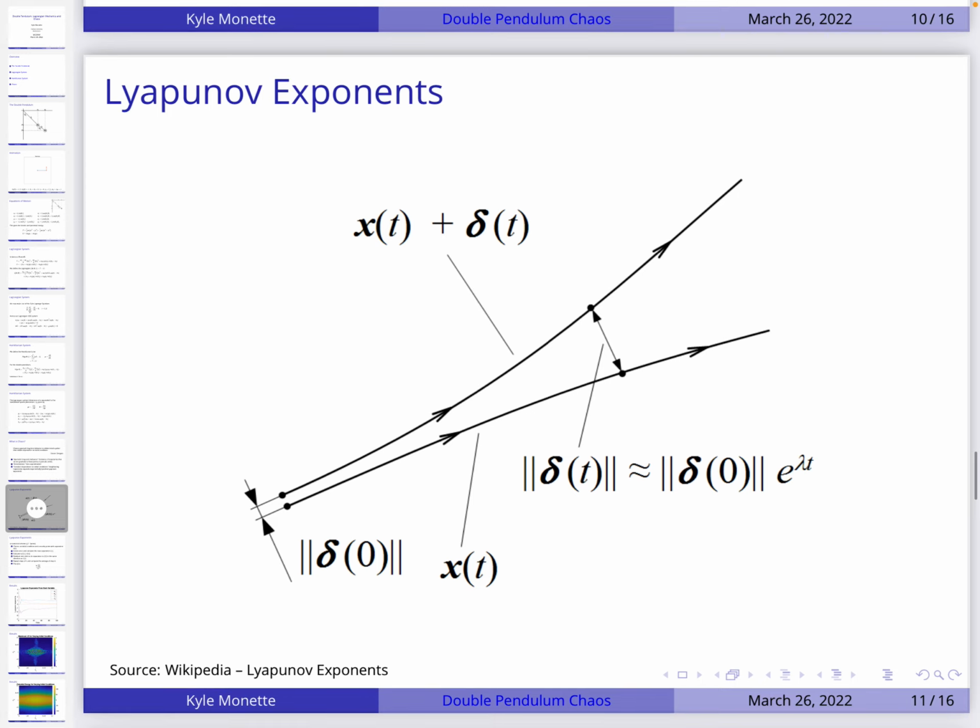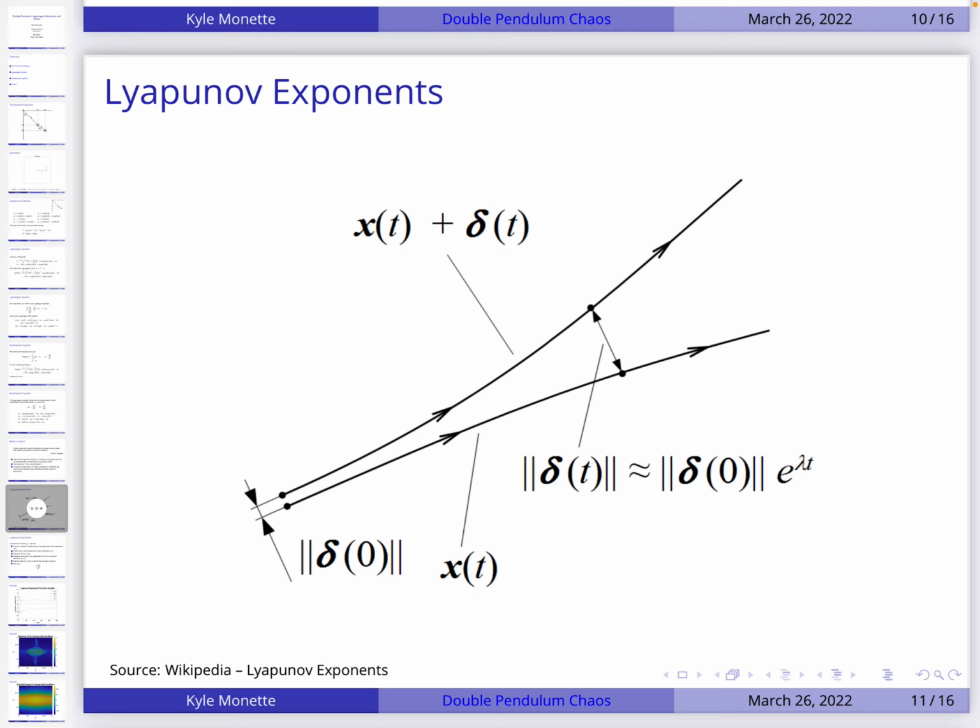The idea with a Lyapunov exponent is you would measure some initial separation, your delta of 0, and you would run the two simulations forward and measure the simulation at some future time, and you would assume that the separation is exponential. And when it becomes non-exponential, you begin this again, and you start from that point.